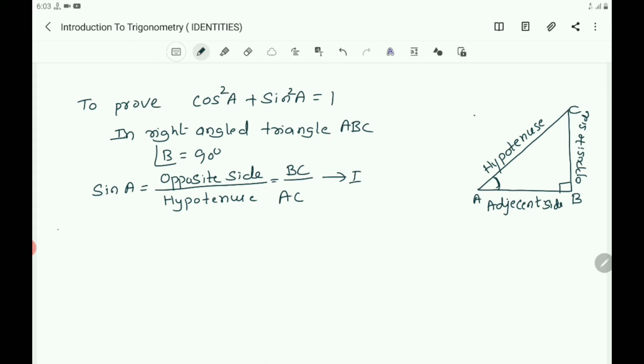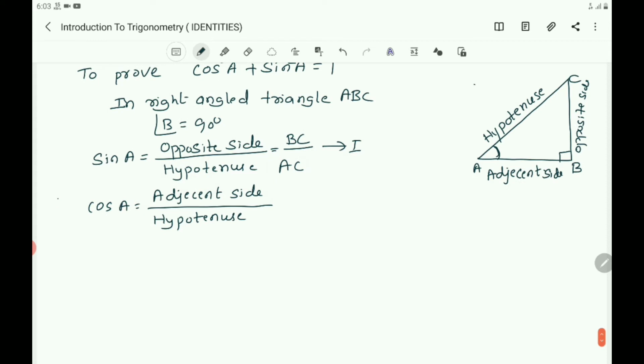Then you take cos A. Cos A equals adjacent side by hypotenuse. Adjacent side is AB, hypotenuse is AC. Consider this as the second.